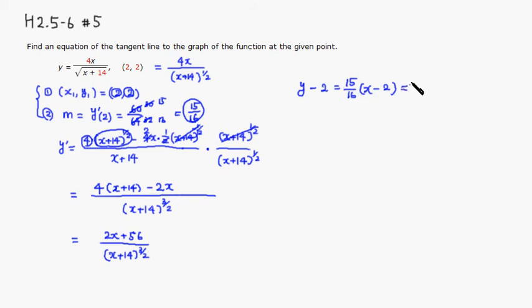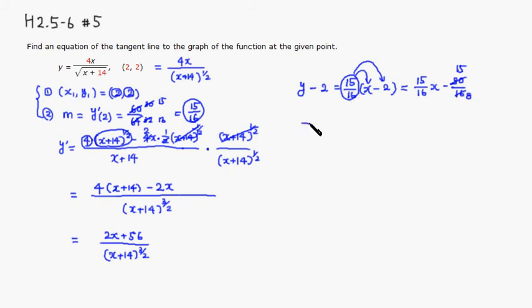First, I'm going to multiply this out. Distribute 15 over 16 to x, so you have 15 over 16x, minus 15 over 16 times 2, which would be 30 over 16, or you can simplify it as 15 over 8.